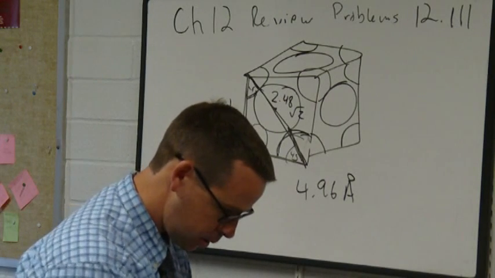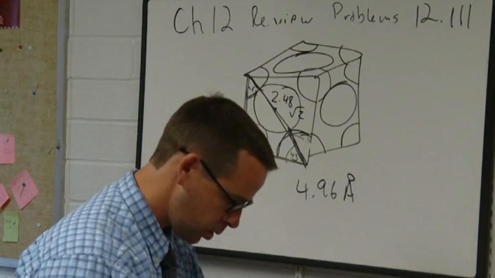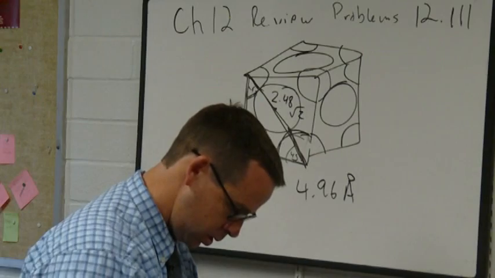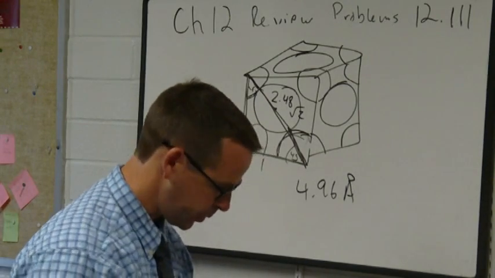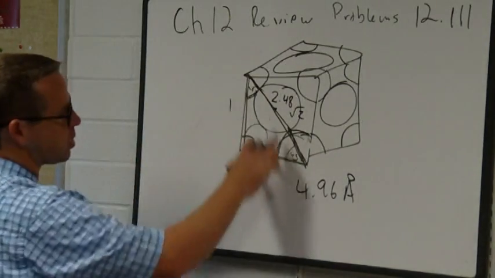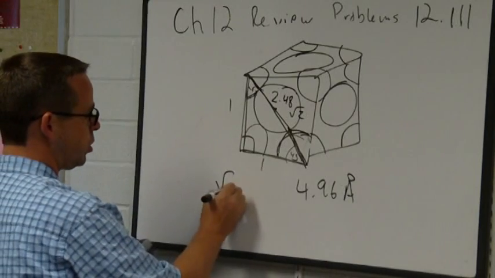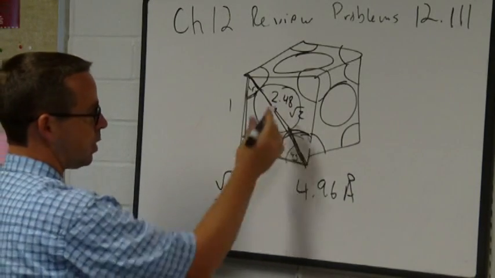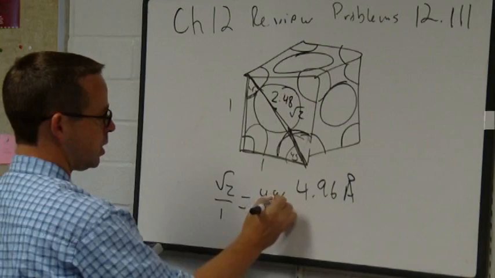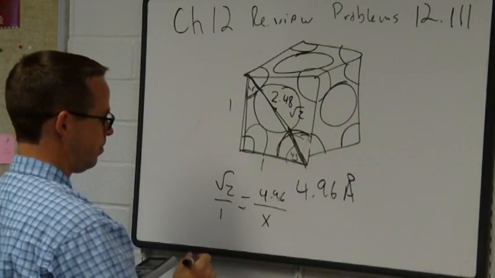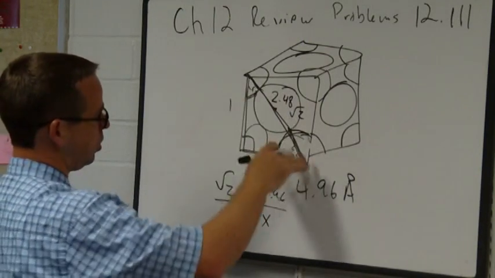Where did I see that information here? Well, no, that's right. So if this is square root of 2 over 1, then we can get that ratio, right? This is 4.96 over x here.